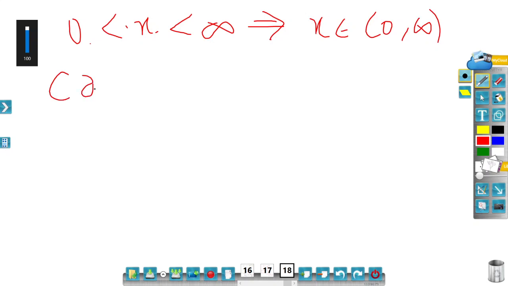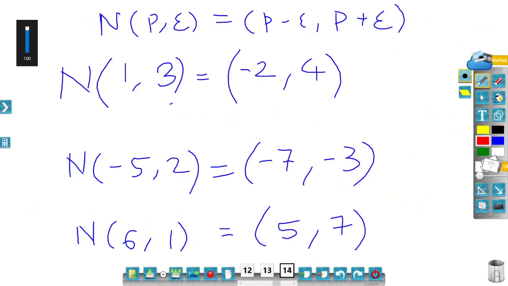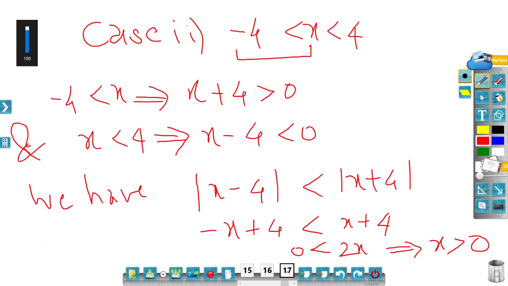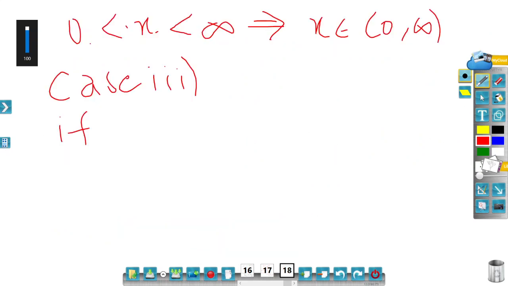Now let me discuss case number 3. What is case number 3? If x is greater than 4.